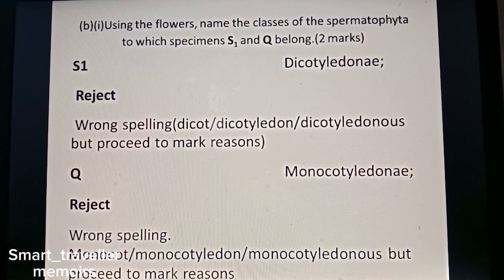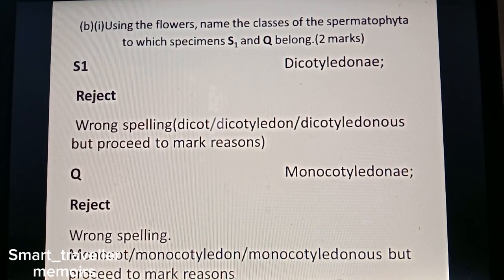Using the flowers, name the classes of the spermatophyta to which specimens S1 and Q belong. You get 2 marks. S1 is Dicotyledonei.